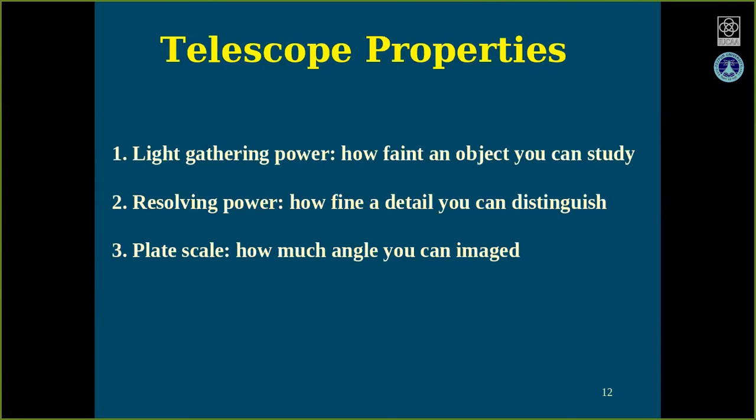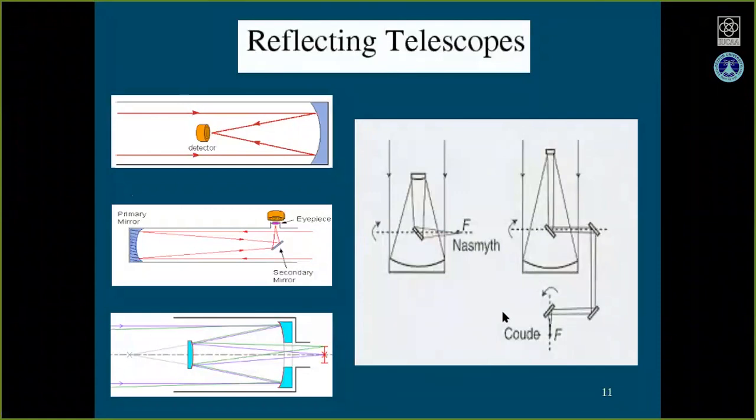So can I ask a question? Yes, sure. In this slide, if we put a secondary mirror inside a telescope tube, will it not reduce the amount of light? Yes, sure, certainly it will reduce.